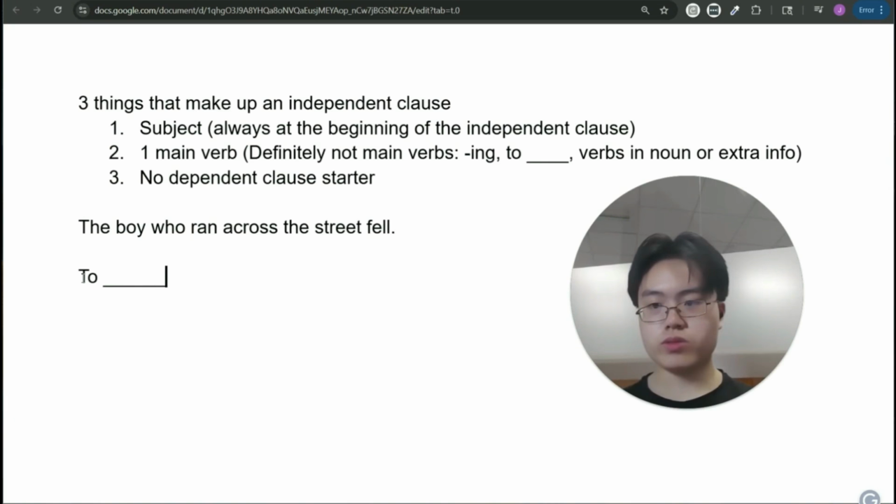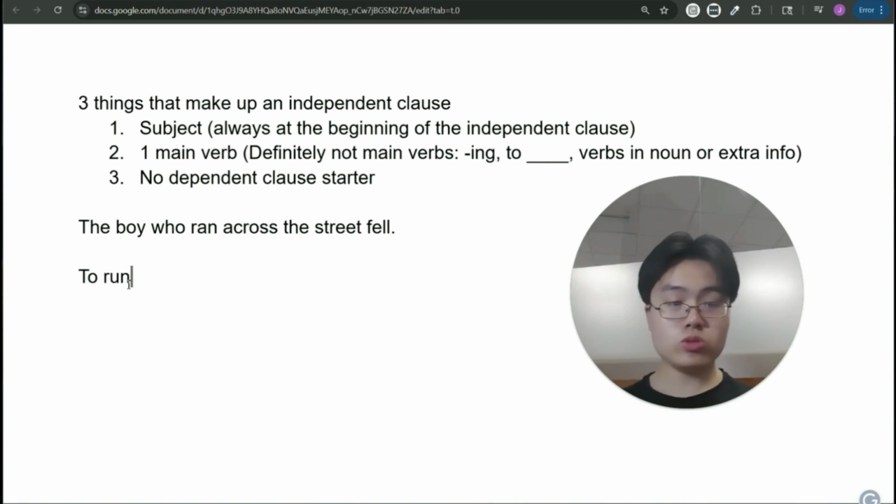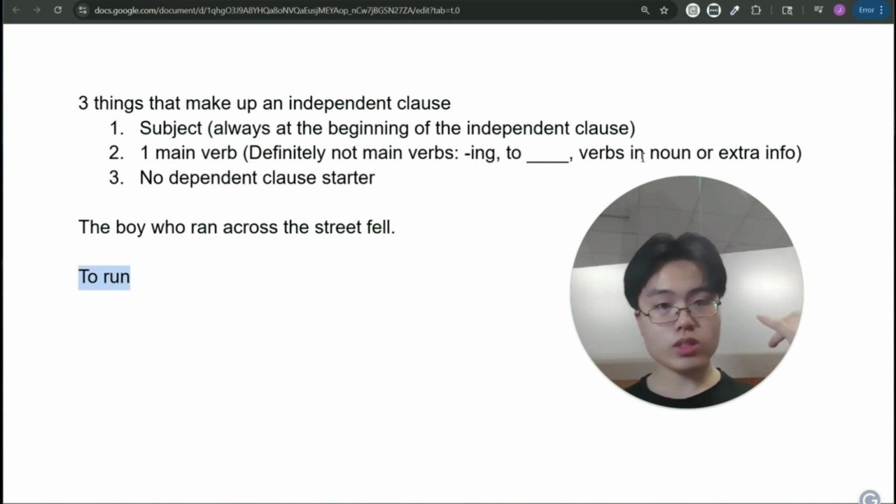If it's an infinitive, like to run, that is guaranteed to not be a main verb. You can just eliminate it. The last thing is verbs in a noun or in extra info.